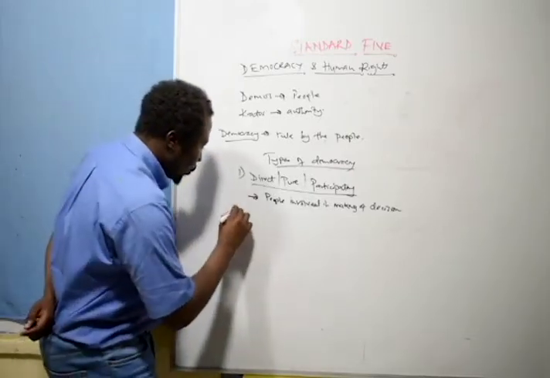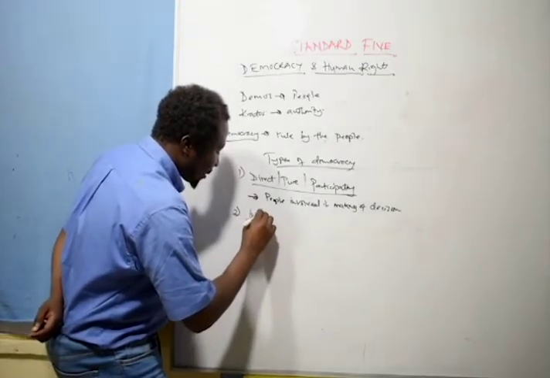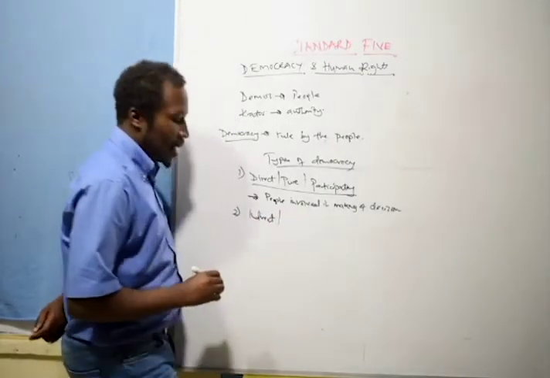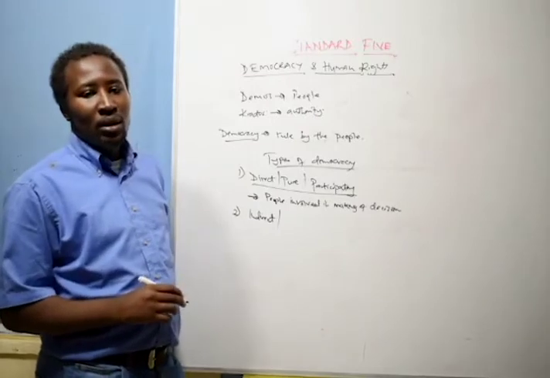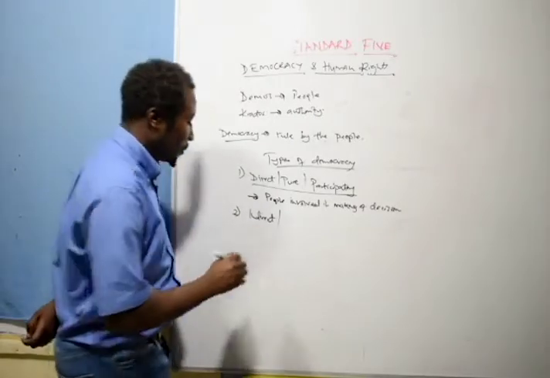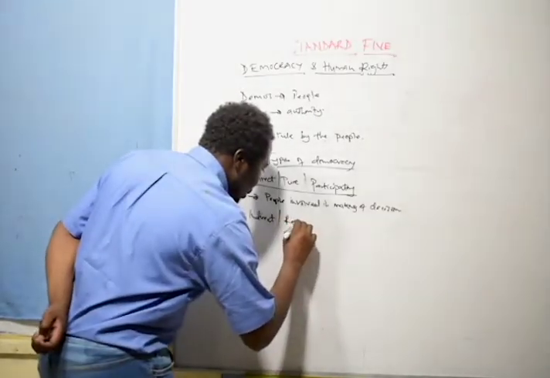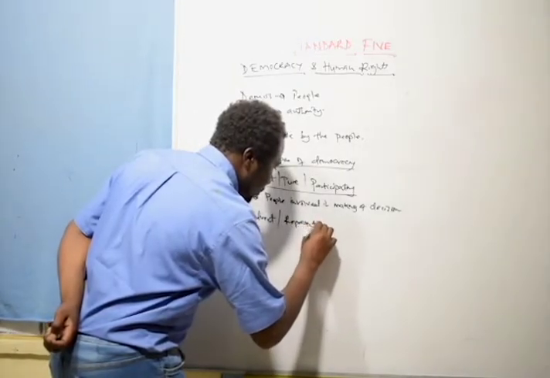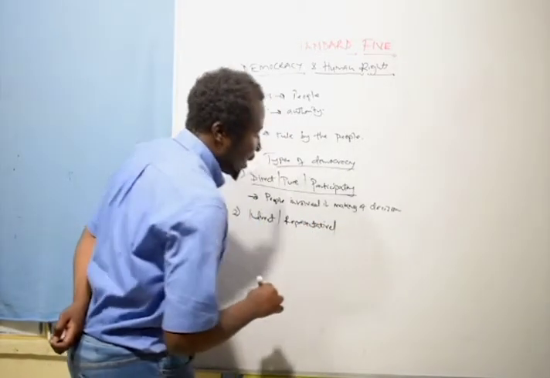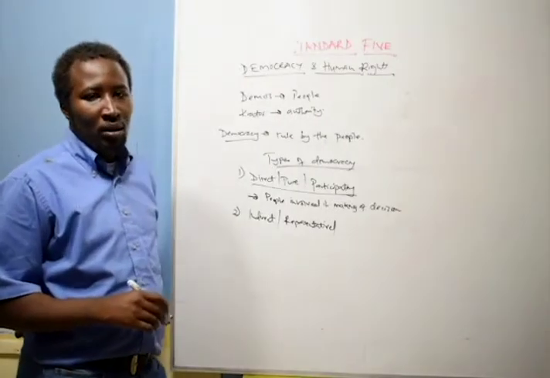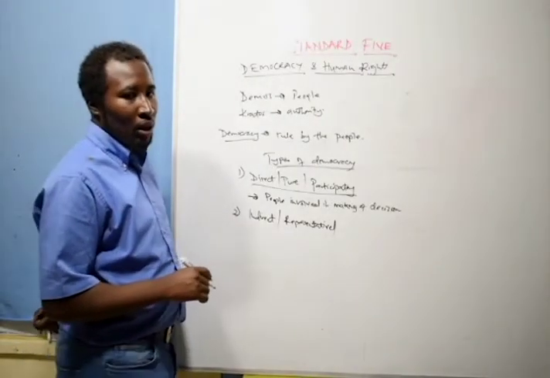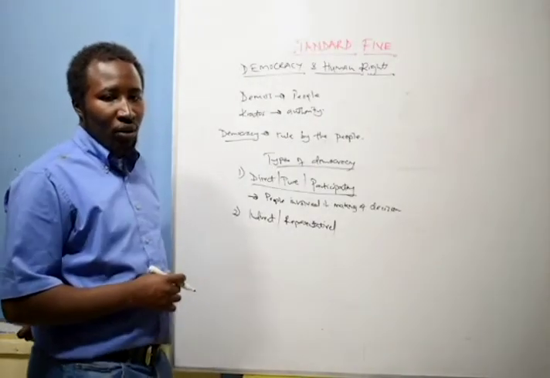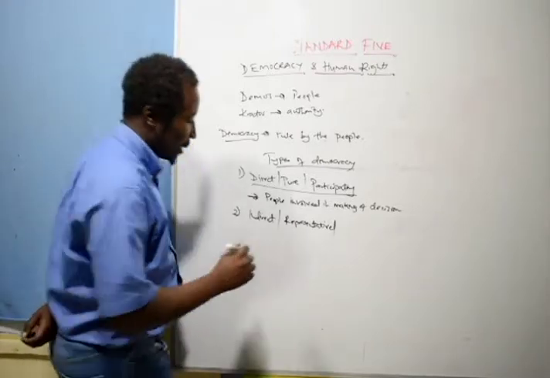Number 2, there is what we call the indirect. The other name for indirect is representative. Representative is also known as parliamentary.